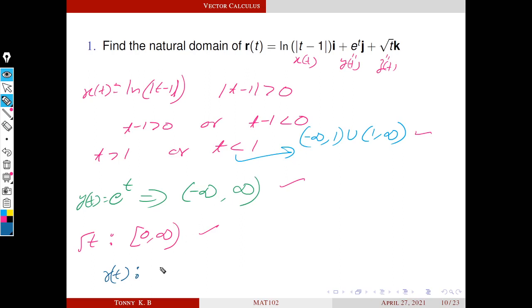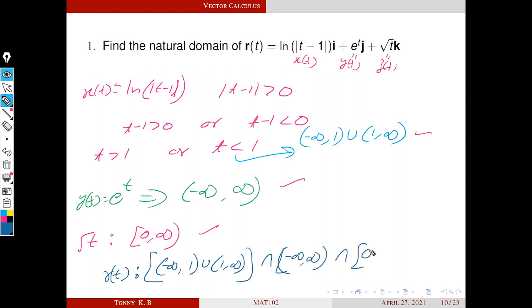So intersection of minus infinity to 1 union 1 to infinity, this is our first interval, intersection minus infinity to plus infinity, the second one, again intersection 0 to infinity. So what is its intersection?